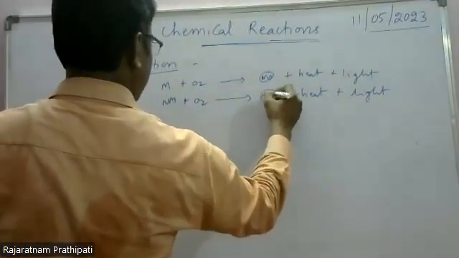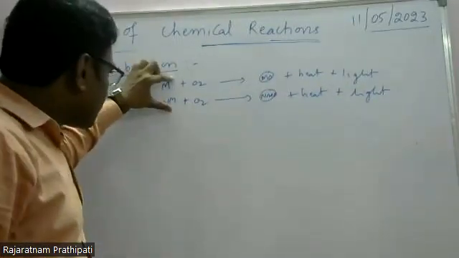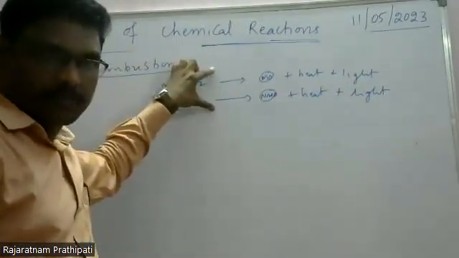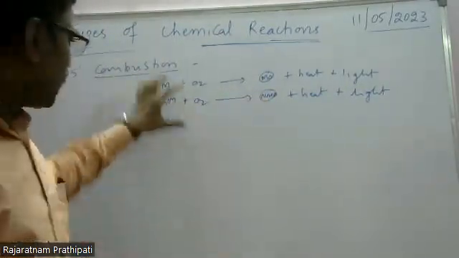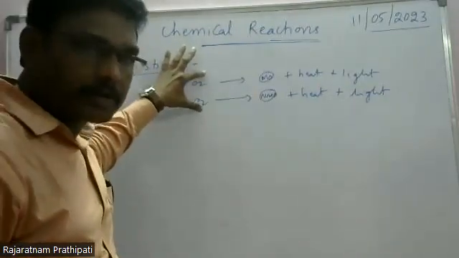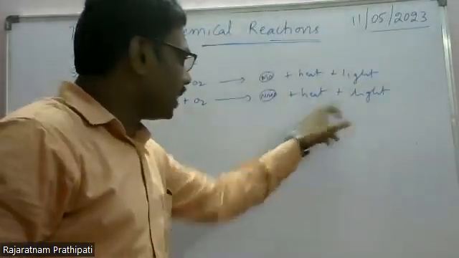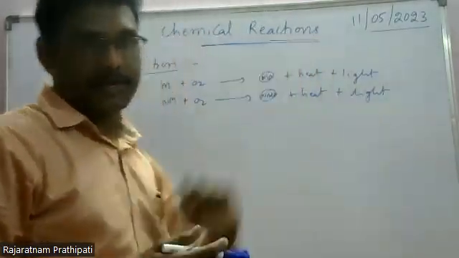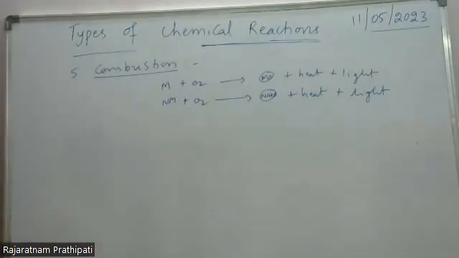Here, this is a metal oxide, this is a non-metal oxide. Combustion reactions are also known as burning reactions. Burning in the presence of oxygen, they produce their oxides and they liberate heat and light. That type of reactions are called combustion reactions.